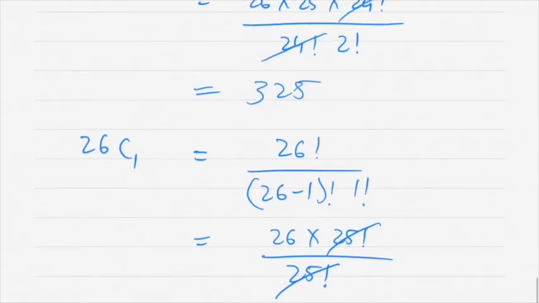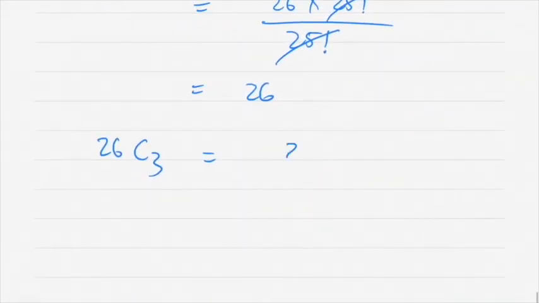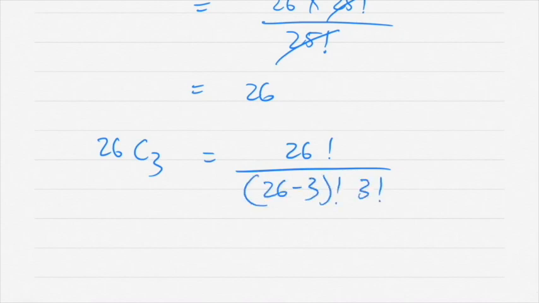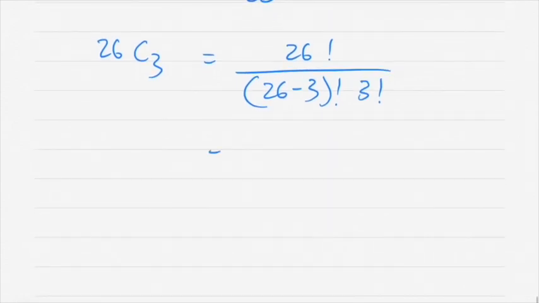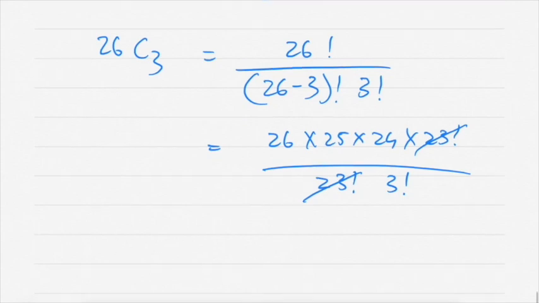And 26C3 is 26 factorial divided by 26 minus 3 factorial into 3 factorial. 26 minus 3 is 23, right? So 26 into 25 into 24 into 23 factorial over 23 factorial into 3 factorial. 23 factorial cancels. 3 factorial is 6.